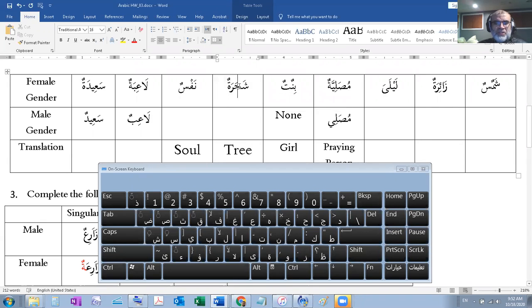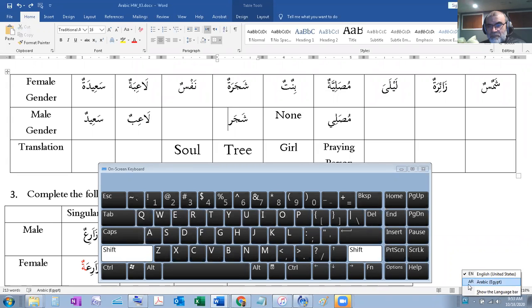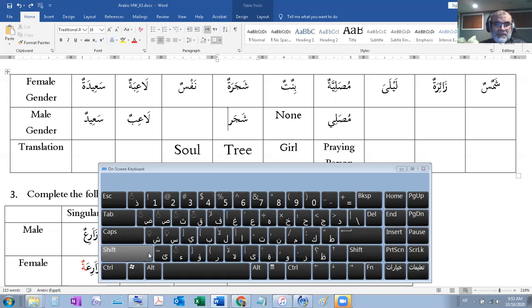He or she put it here, removed the تاء مربوطة, and did like this.